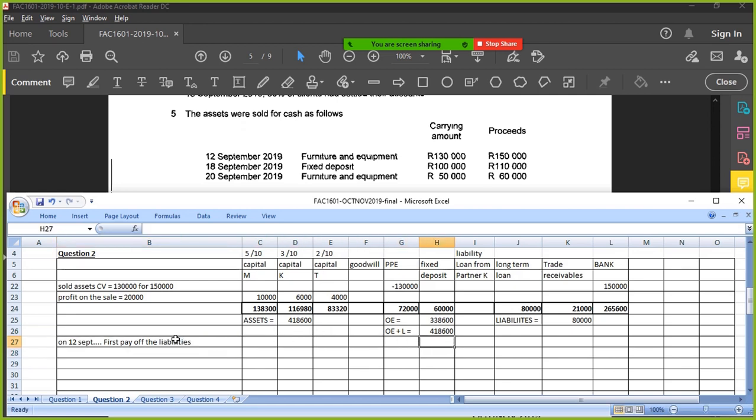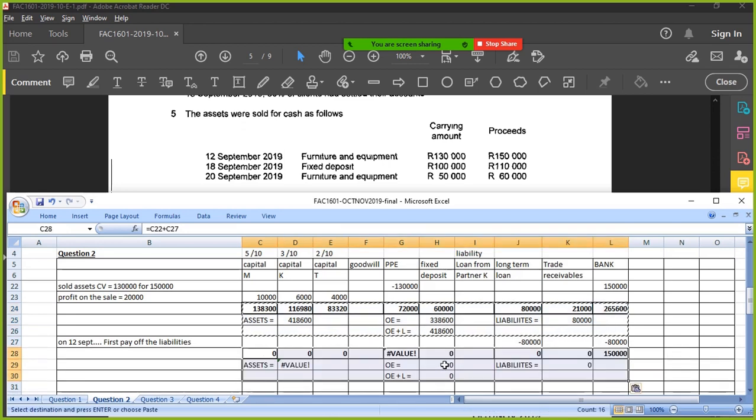All right, so pay off the liabilities. How much are the liabilities? 80,000. Okay, again, another line. There we go.